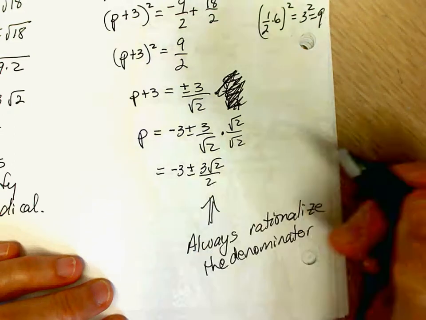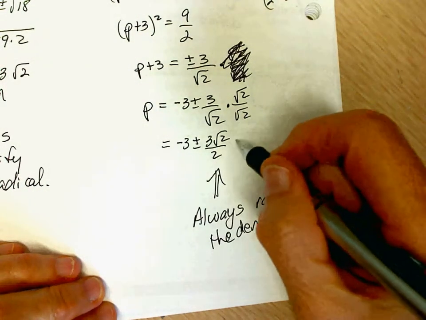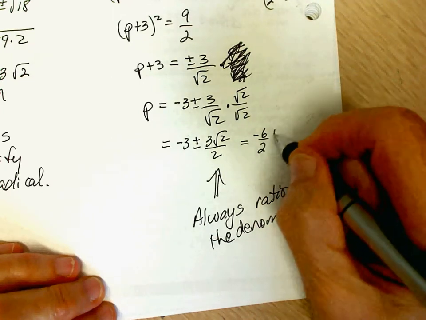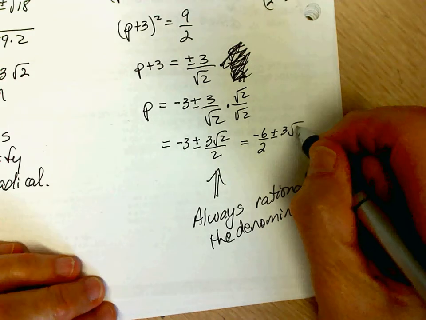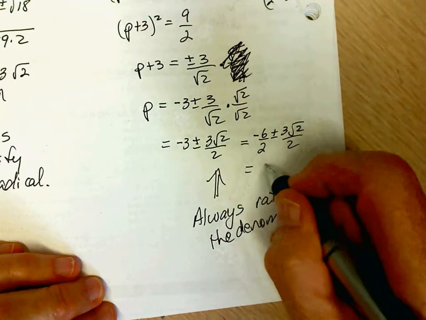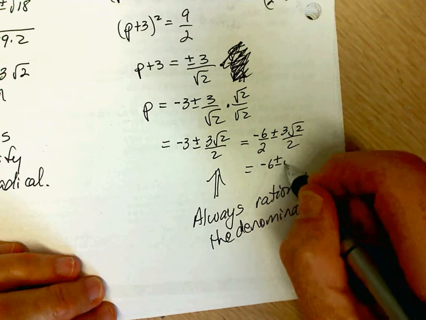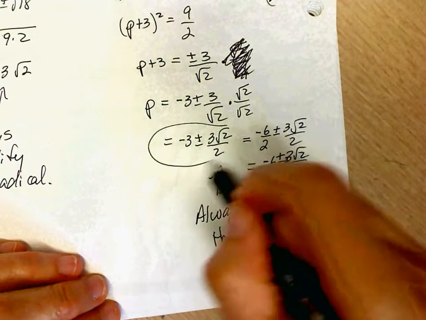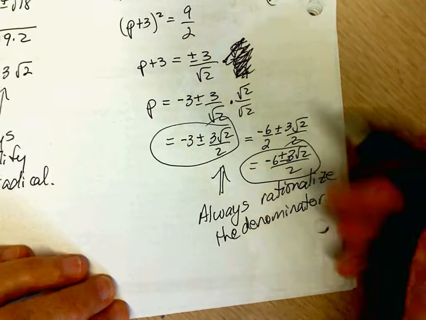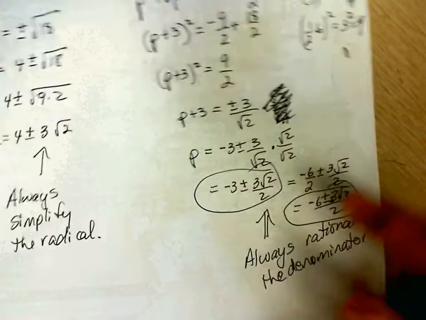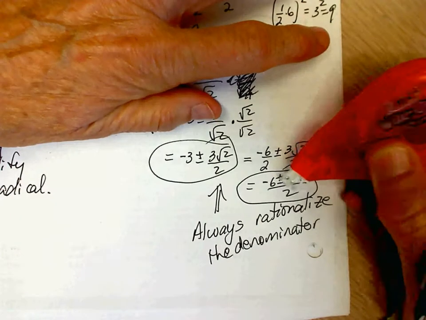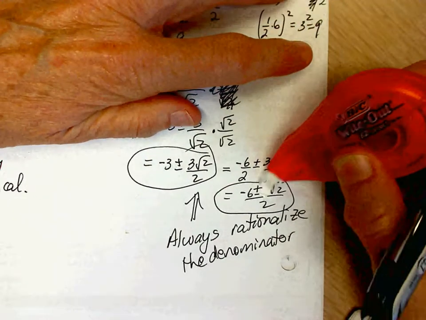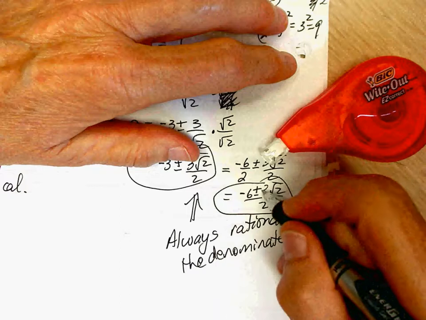And you could take it a step further, because this would be negative 6 over 2 plus or minus 3 root 2 over 2. And that would be negative 6 plus or minus 3 root 2 over 2. Now I would accept this answer and I would accept this answer. Here you're just bringing everything together, which is okay too. Good? Okay.